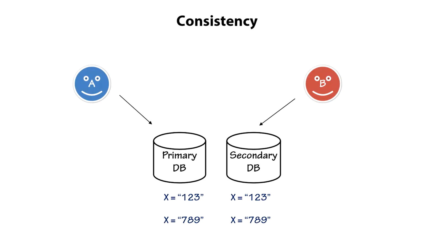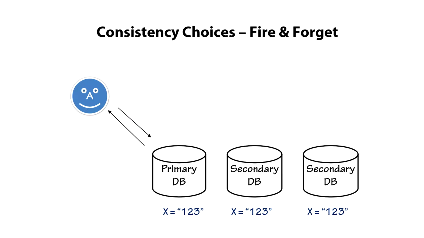Now in scale out, we can have a primary and secondary, maybe multiple secondaries. In MongoDB, all the write operations are allowed on the primary and read operations on the secondary. So there is a chance of lag between the primary and secondary.